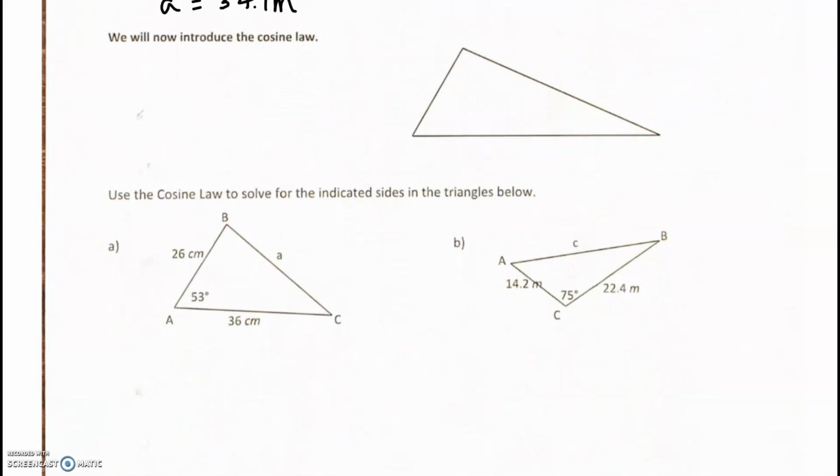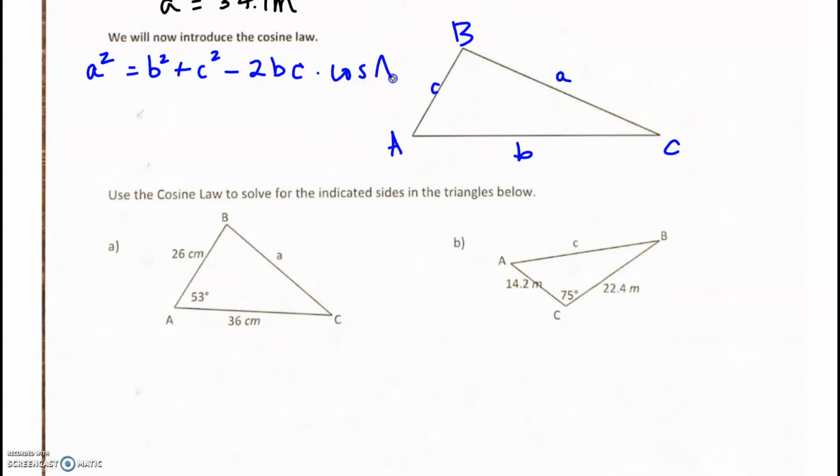So if I have triangle ABC, we know that the side lengths are going to be little a is across from angle A, little b across from angle B, and little c across from angle C. So the formula for cosine law is a squared equals b squared plus c squared minus 2 times b times c times cos A. So that's for solving side length A.